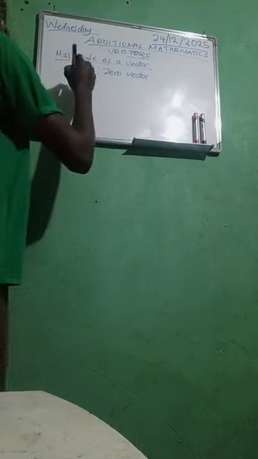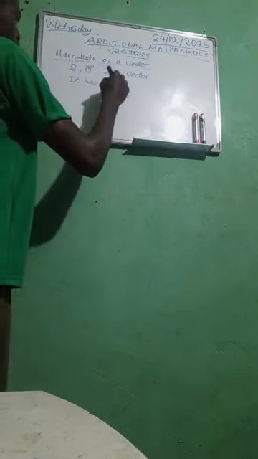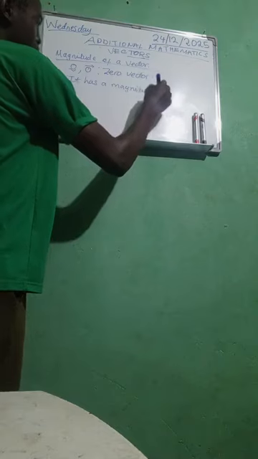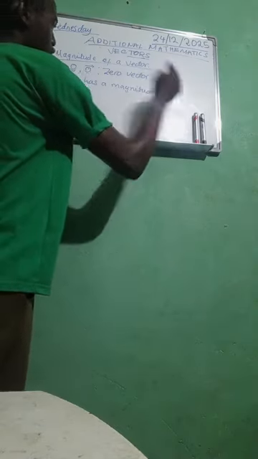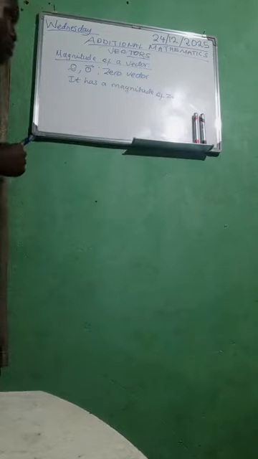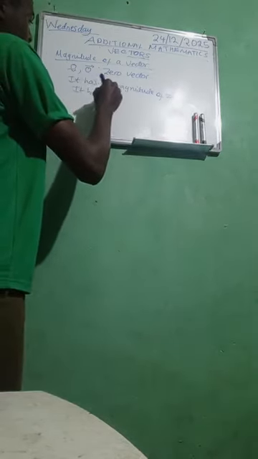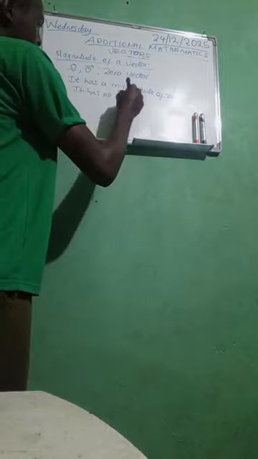It is because it has a magnitude of 0. And of course, if it has a magnitude of 0, it means it has no direction. So that's what we need to know under the magnitude of a vector.